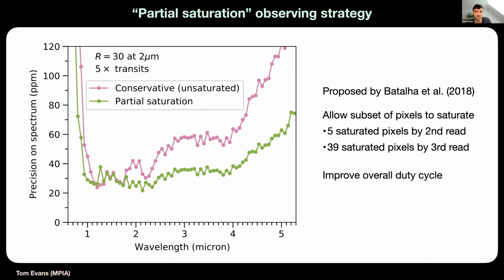For those pixels that do saturate, they're not completely wasted, because the earlier detector reads before they reach saturation can still be used to recover the fluxes at those wavelengths, just with a lower duty cycle compared to the pixels that don't saturate. In the end, as you can see here, this greatly improves the overall measurement precision that we should be able to achieve with the partial saturation strategy shown in green, and then the non-saturation equivalent shown in pink.